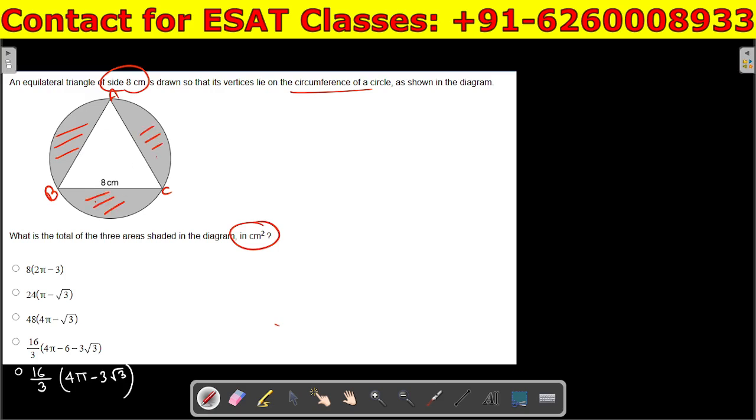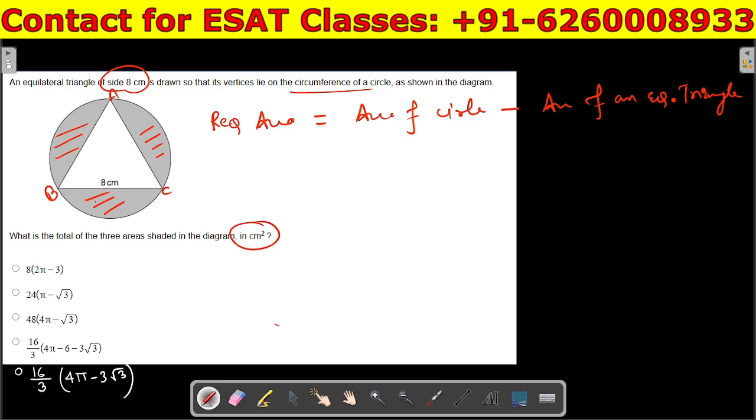So how can we do this? Basically, the first logic you can think is that our required area should be equal to the area of the circle minus the area of the equilateral triangle, right? This is a simple concept. Now we can find the area of an equilateral triangle very easily.